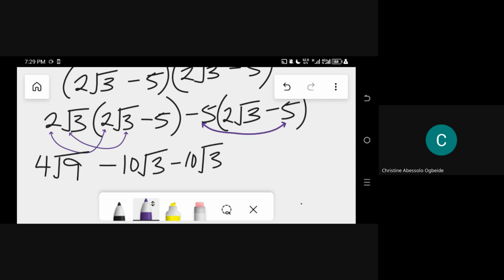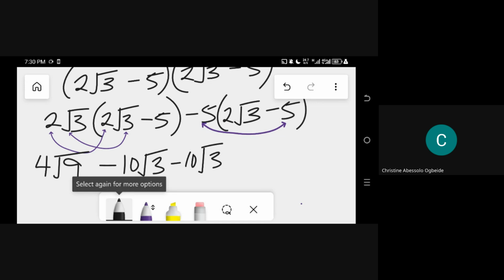Most students forget to deal with the signs. When you're multiplying numbers, especially numbers that carry signs, you have to be very careful, because now minus 5 has to multiply minus 5. That result should be positive because minus times minus is positive.